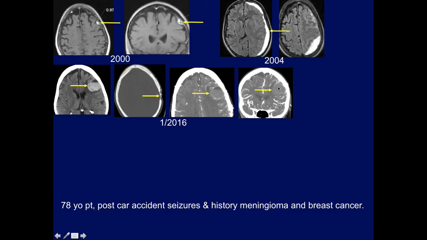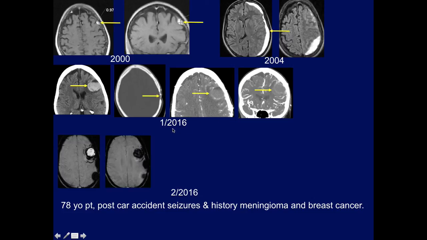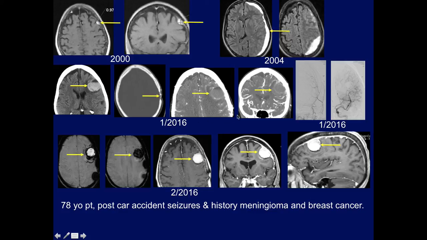intervening years. The patient then in January also had an angiogram which did not show a typical stain of a meningioma. So again, the question was, was this a meningioma that bled, which again would be extremely unusual.